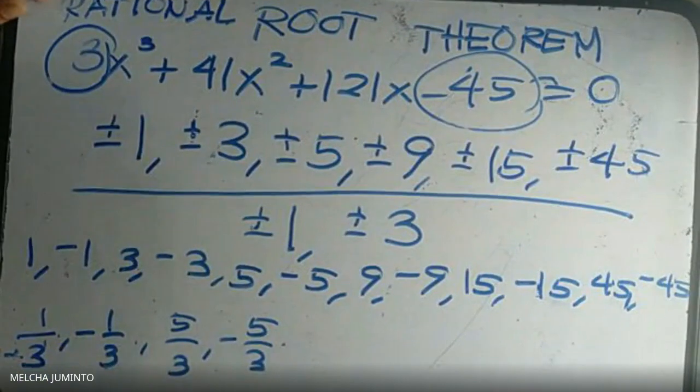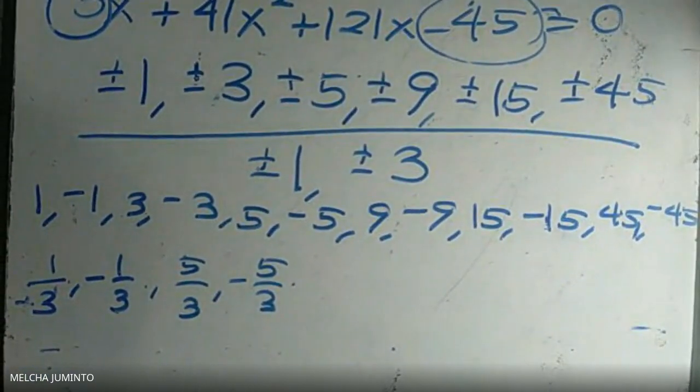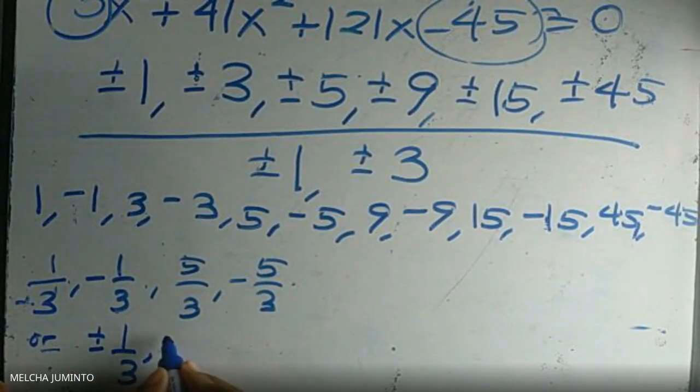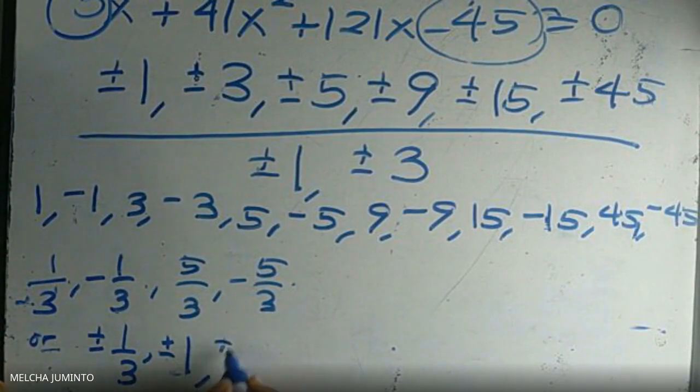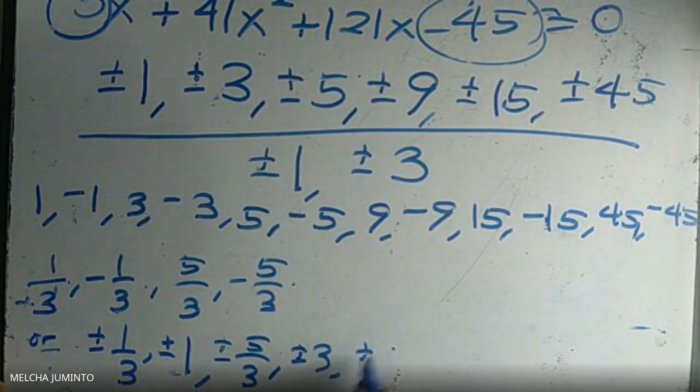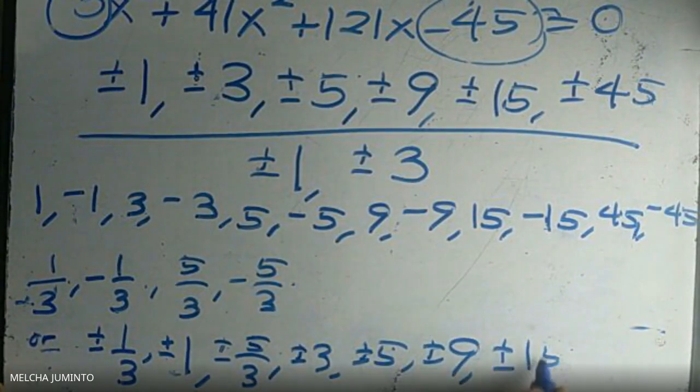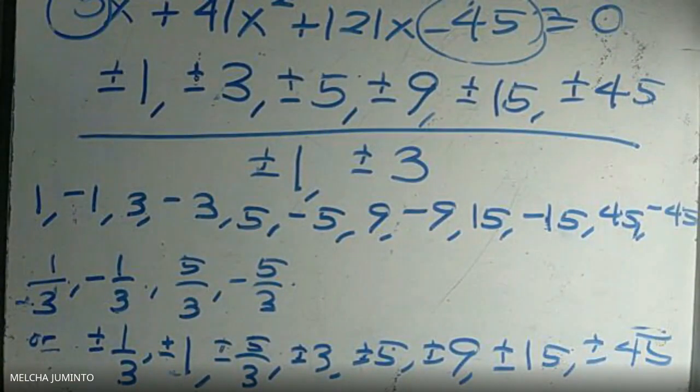You can write it this way: positive and negative one third, followed by positive and negative 1, followed by positive and negative 5 over 3, followed by positive and negative 3, positive and negative 5, positive and negative 9, positive and negative 15, positive and negative 45. Okay, so those are the possible roots.